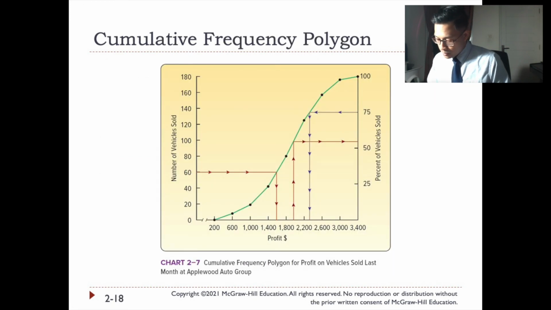Okay, so this is a graphic of the cumulative frequency polygon. Very straightforward. For example, for a profit between 200 and 600, you get a particular number of cars sold.